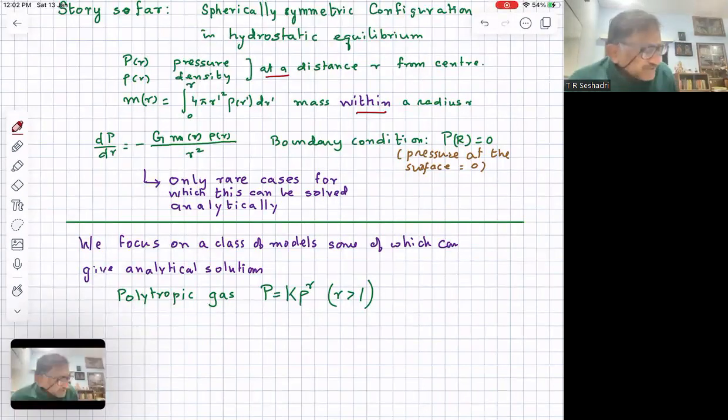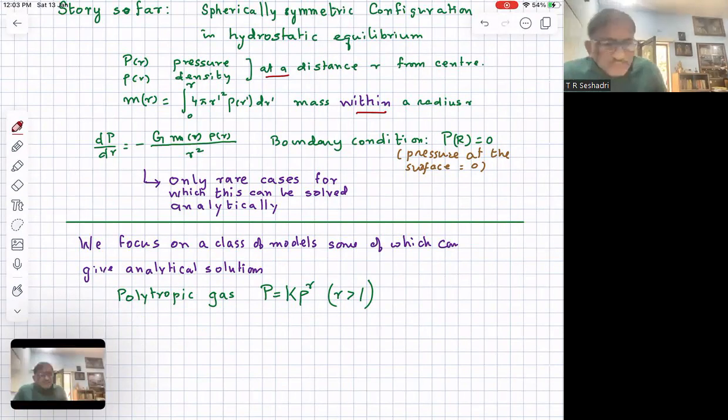What is the boundary condition? See, I have demanded that the system should be in equilibrium. It means that at every point, forces have to balance. At the surface of the star, the external pressure from outside is zero, because ideally outside the star there is vacuum.